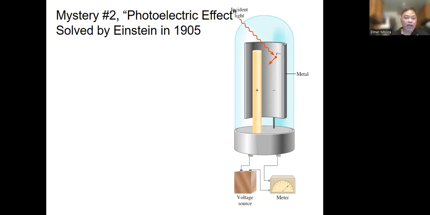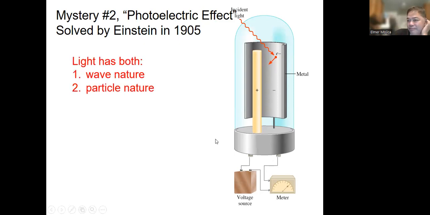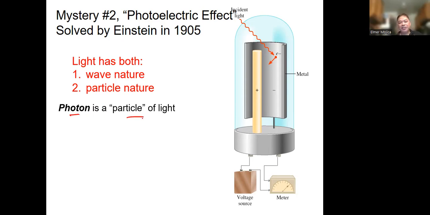So they cannot explain why at a certain energy ano yung electron na eject. And what Einstein did is he adopted what Max Planck developed. Ang tawag nga lang dito, instead of quantum, he called it a photon, yung particle of light. So here, yung light ngayon, meron na tinatawag na particle nature. So dual nature of light.